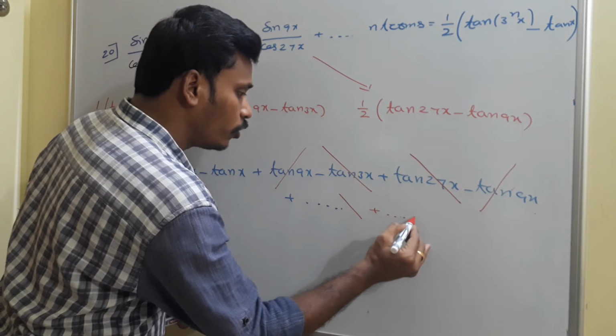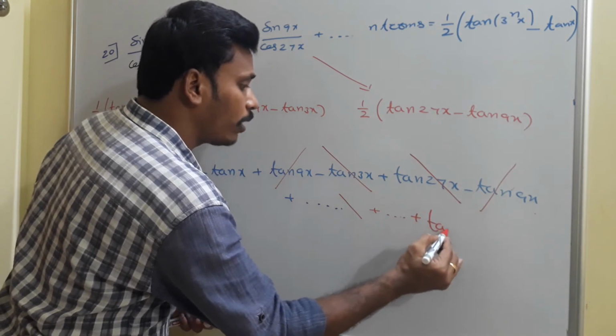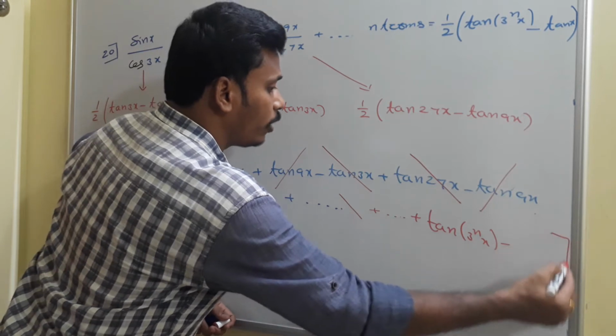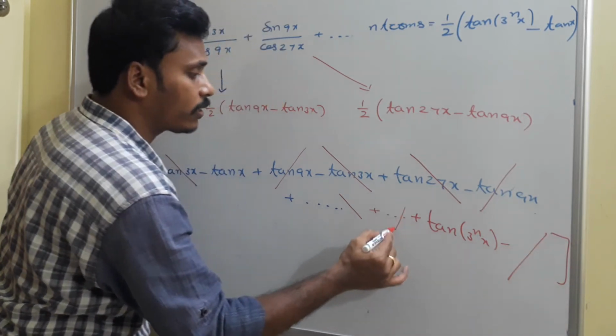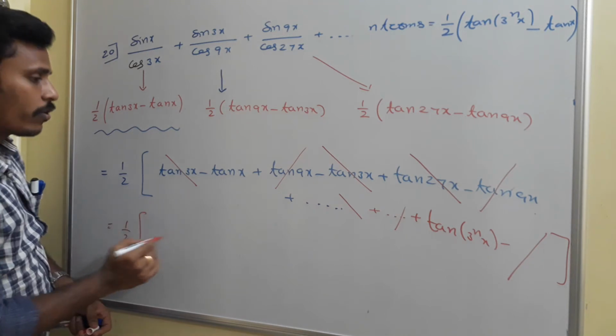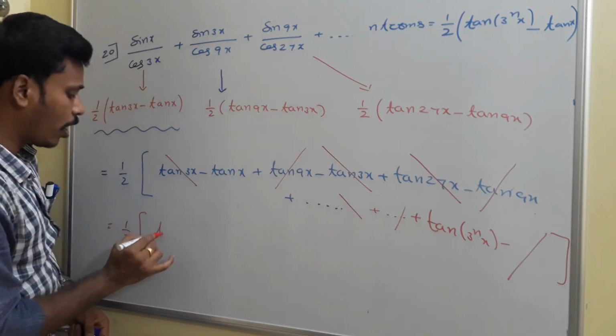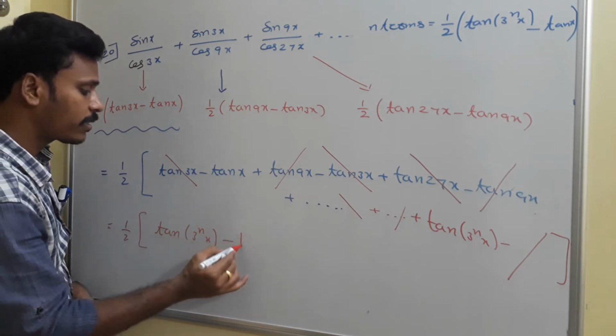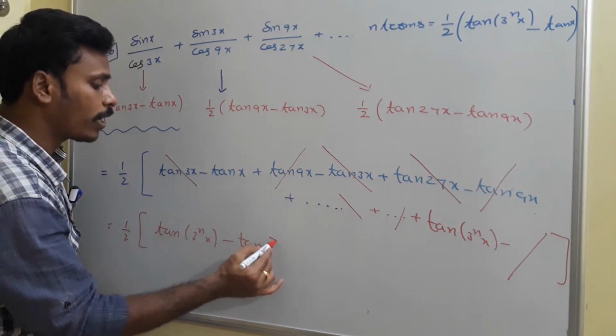Likewise, if you continue, at the nth term you will get tan of 3 power n x minus another value, and these two also get cancelled. So finally you are left with half of tan of 3 power n x minus tan x, and that's your answer.